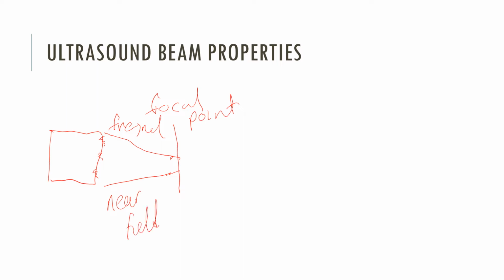Now, once we get to the focal point, we get what we kind of expect, and that is a beam divergence in this region here. And this zone is called the Fraunhofer region or the far field.